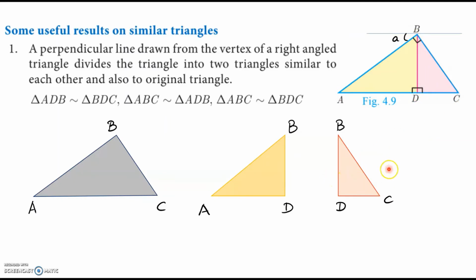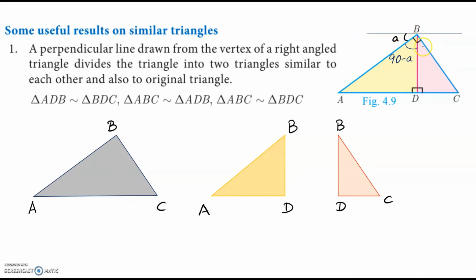Now I have drawn an imaginary line here. This is parallel to AC and it's perpendicular to BD. I'm going to call this angle A. Then this angle will become 90 minus A, because this is 90 degrees here.